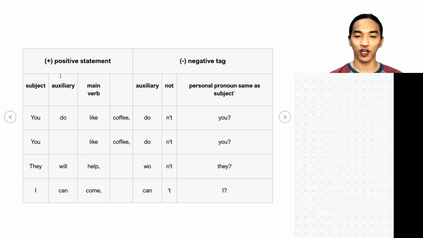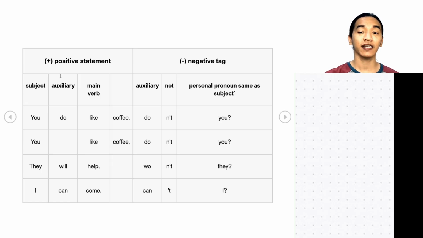So you like coffee, don't you? It's still in negative form because your sentence is a positive statement. Next, they will help, won't they? So what is your auxiliary verb? It's will. Now convert it into negative, it will become won't.